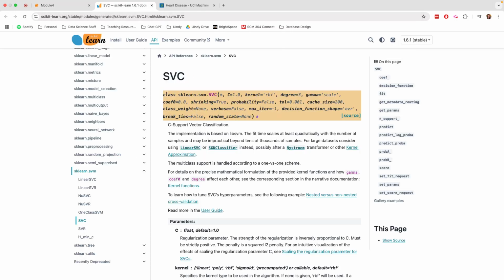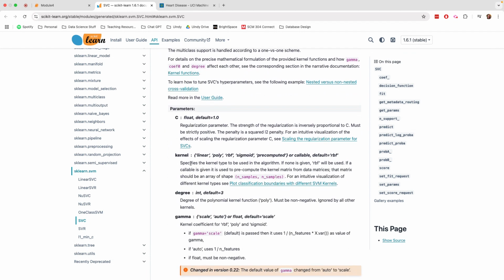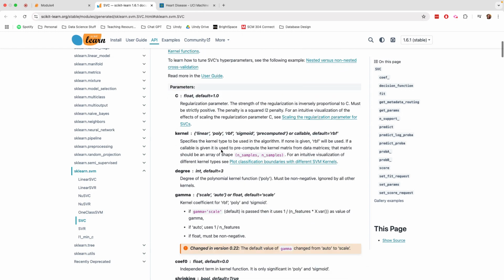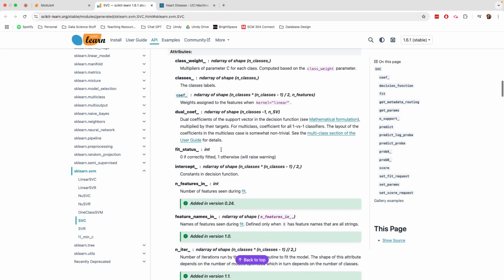So the documentation, I have it open right here. We're using scikit-learn still. We're using SVC. So it's a C support vector classification. And then you'll see all of the parameters you can use here. Part of it that's a little bit tricky is that you do have to specify the kernel, and the default is the RBF. So if you go down, I believe it's on this page.